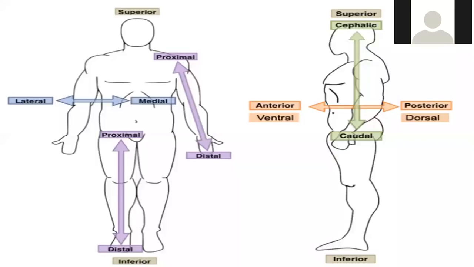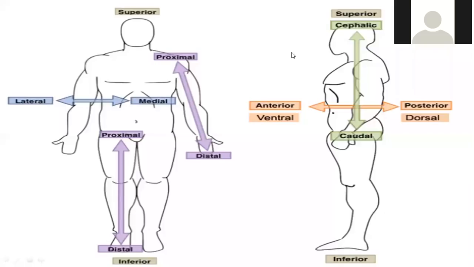That one is even grammar, not even medical this time around. Then medically, when you talk about medial, you begin to think about lateral. Then when you talk about proximal, you think about distal. And when you talk about anterior, you talk about posterior. Anterior can be otherwise called ventral, while posterior can be otherwise called dorsal.